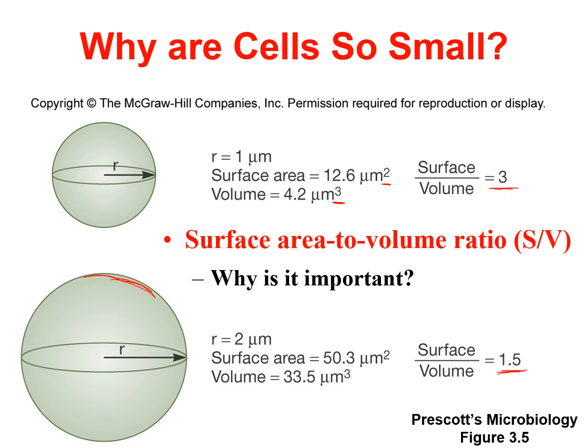And that's going to create a problem because if your volume is too large, you've got too much stuff inside the cell, and you're not going to have enough surface area to transport all the things in and out of the cell that you need to.